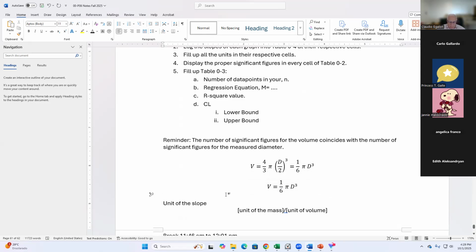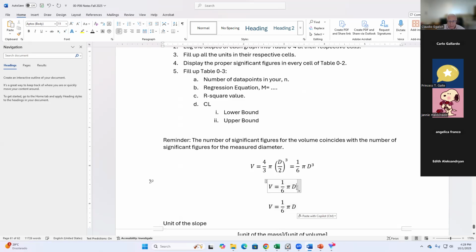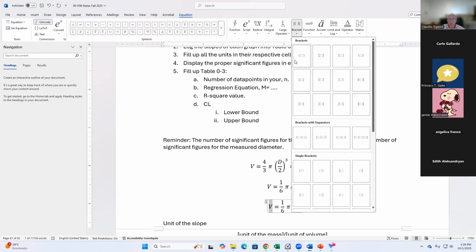If you had only d here, which is not the case, then the unit of the volume would have been meter. But the equation is d to the cube. Because the diameter is in meters and you are cubing the diameter, the unit of the volume is going to be cubic meter.